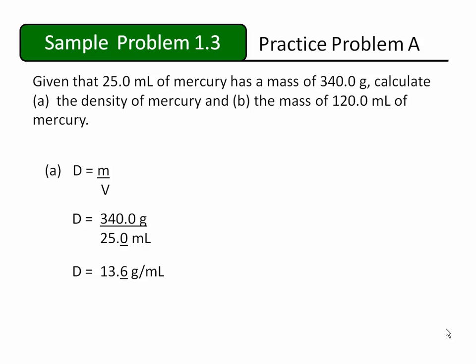None of the units cancel. When we consider significant figures, we see that 340.0 has 4 significant figures and 25.0 has 3 significant figures. So we have to record our final solution to 3 significant figures, or 13.6 grams per milliliter.